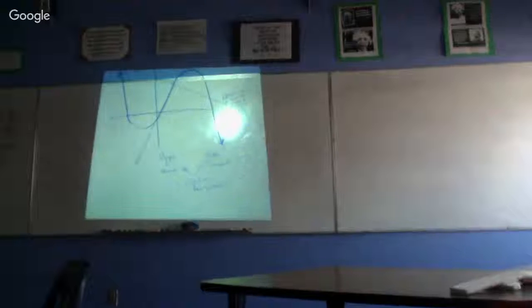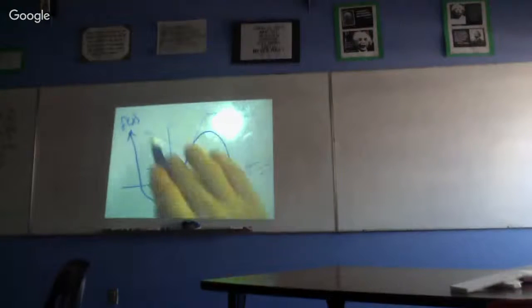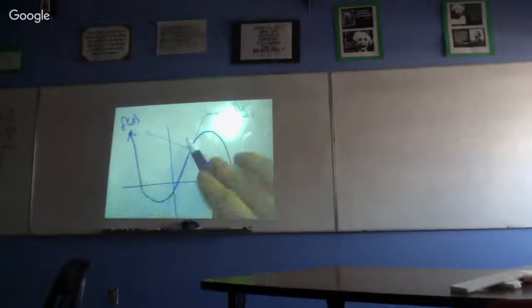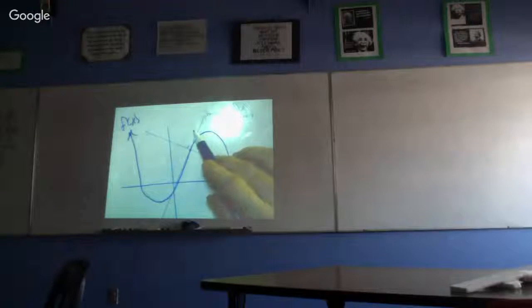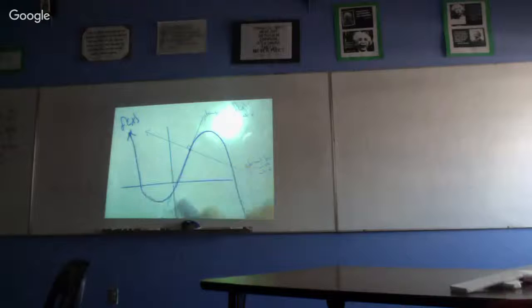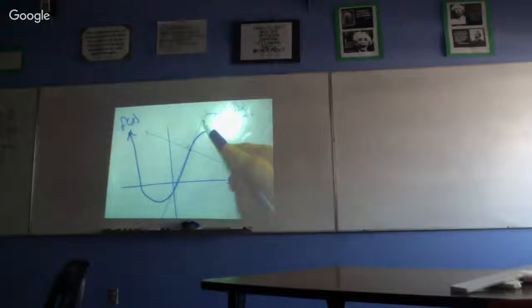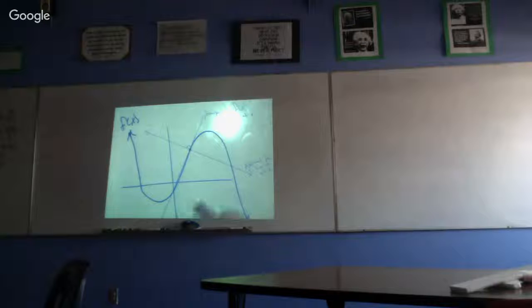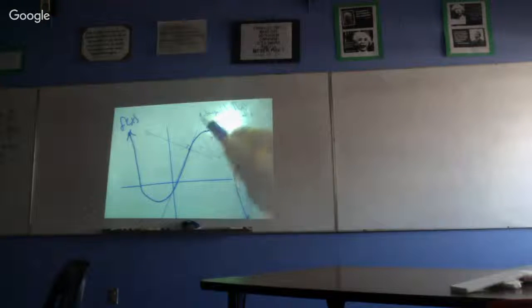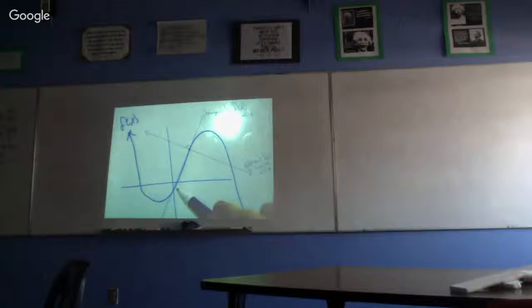So what we're going to do is we've taken these functions, we've found the derivative, we've evaluated the derivative at the given point. Now we're going to take that one step further. We're going to take the function, find the derivative, evaluate it at a given point x, and use that x and the y and the gradient to find the tangent line, because you need the slope and a point to get a line.